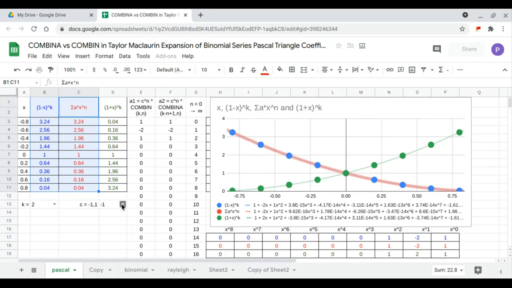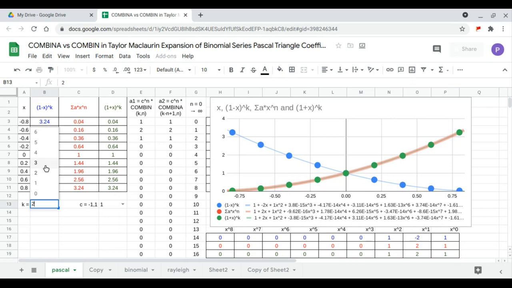If I change this c to +1, this time the expansion approximates 1 plus x squared. So their polynomial regression coefficients are the same, and their polynomials are also the same.